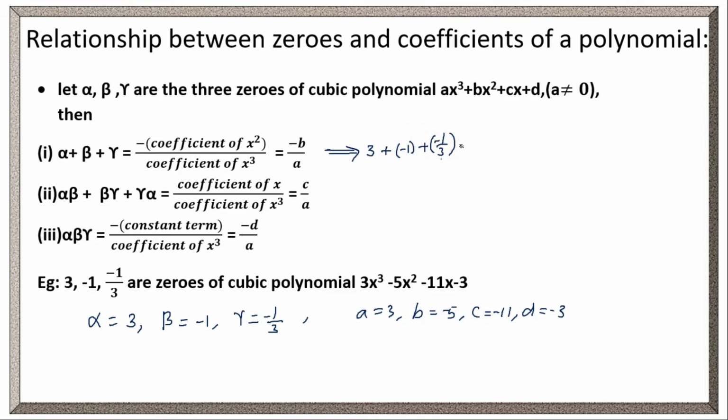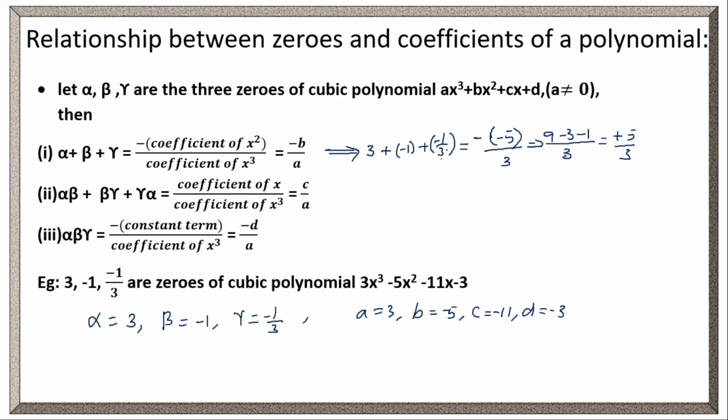Sum of the zeros is equal to minus b by a. Minus b means minus of b value is minus 5, right? By a is 3. So here if we simplify, what we will get? What is the LCM? 3 is the LCM. So 9 minus 3 minus 1 by 3 is equal to plus 5 by 3.